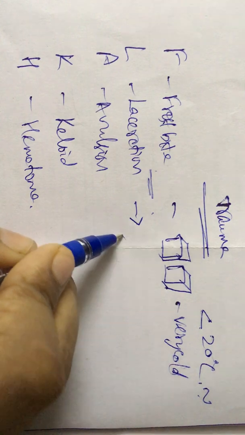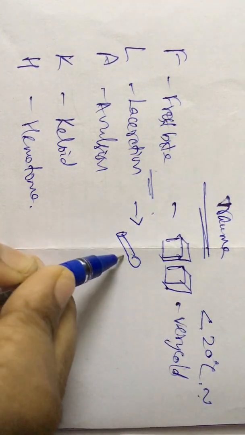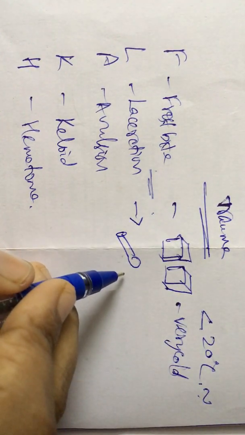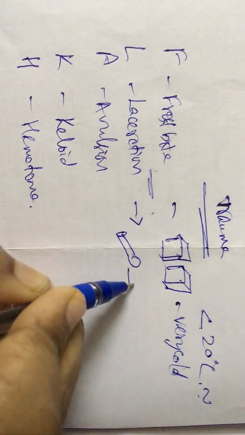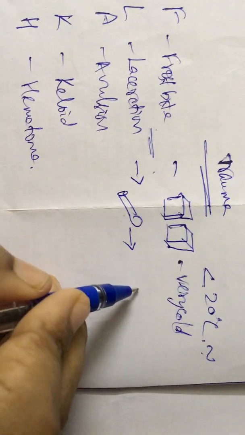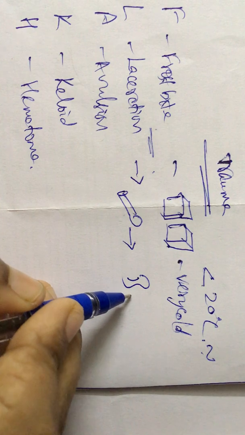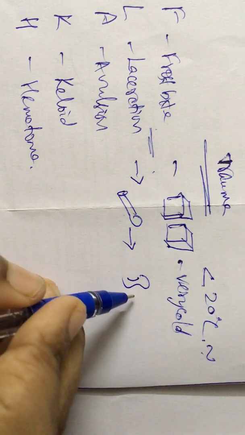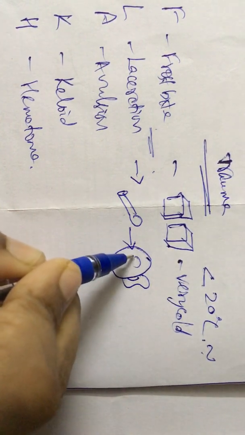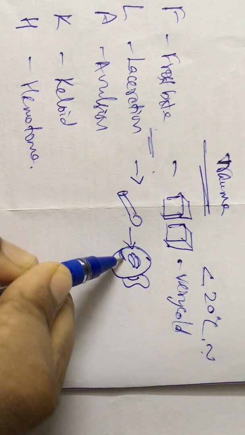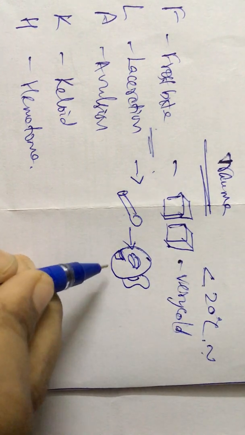Say the person actually picks up a fight. Then it's called laceration because as a result of this fight, the person is going to develop a tear in the ear. So what if the person actually gets into a fight and this is the face of them? That's a really ugly face.